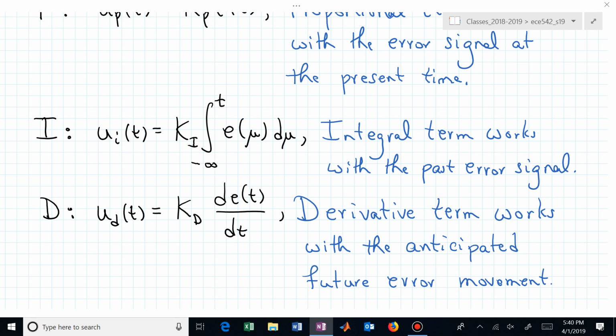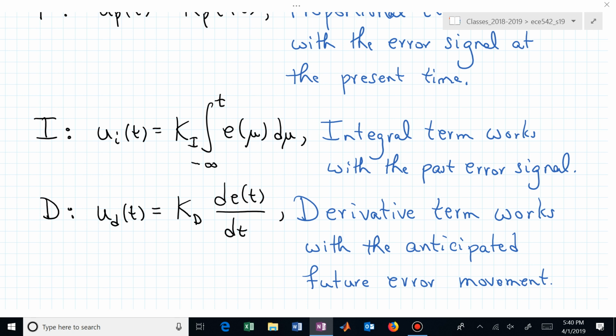The proportional just worked with the present value of the error. The integral piece works with all past values of the error. You're now integrating from minus infinity up to the present time. So your input piece from your integral term is dealing with past error values.